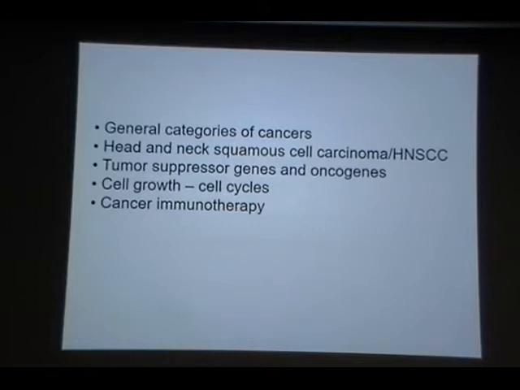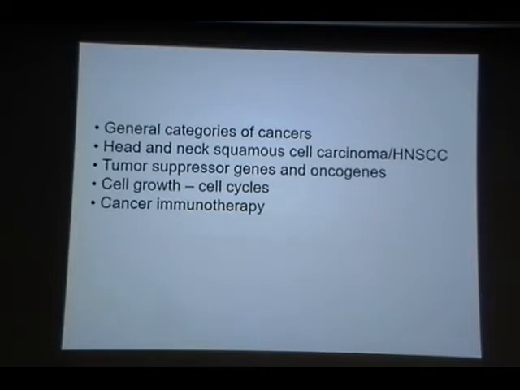I want to talk about some general categories of cancers, and then specifically spend several minutes on head and neck squamous cell carcinoma, HNSCC for short. Then I'll mention tumor suppressor genes and oncogenes.